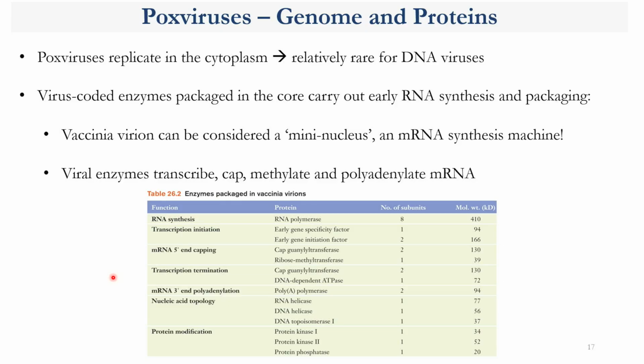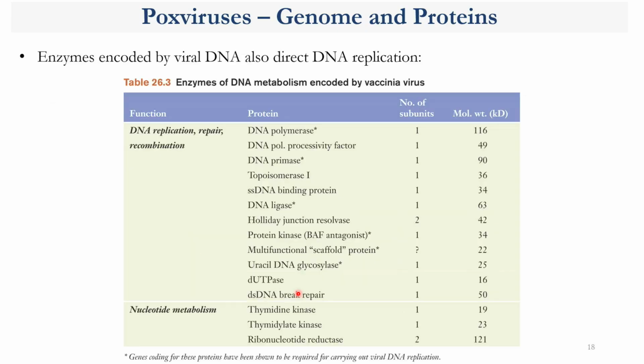So guanylyl transferase, that's the cap that gets added onto mRNA. It has a methyltransferase, which methylates the RNA. You have your ATPase, you have your poly-A polymerase that adds the poly-A tail, okay? So there are a number of different enzymes that are encoded by the virus and then are packaged into the core. Because, like I said, you can actually synthesize mRNA within this virion.